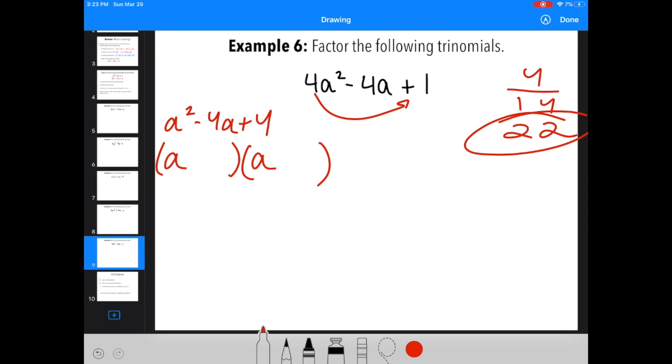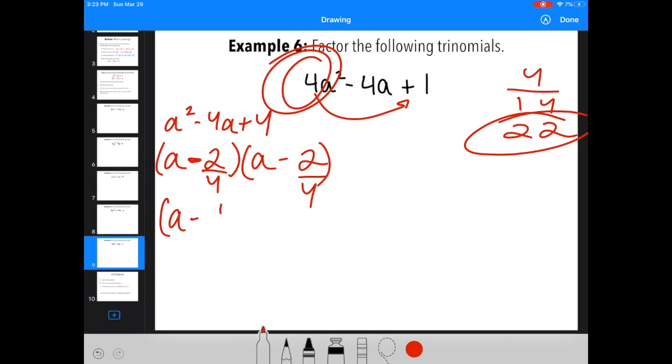Well, I can use -2 and -2. So -2, -2. I'm going to divide by 4. Divide both of those terms, not your variable, just your term. Those reduce down to a minus 1/2 and a minus 1/2.